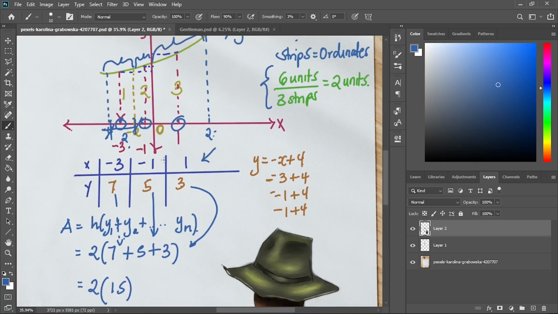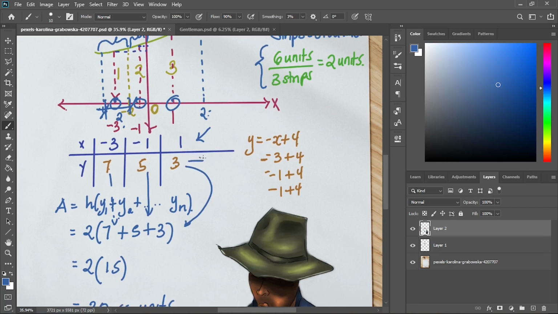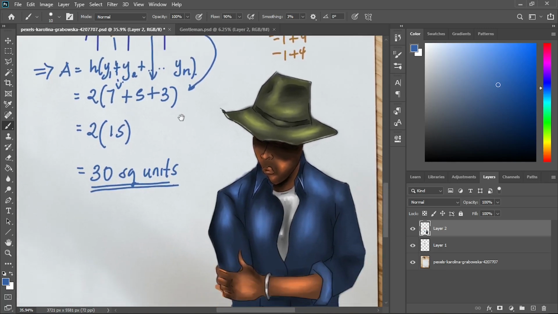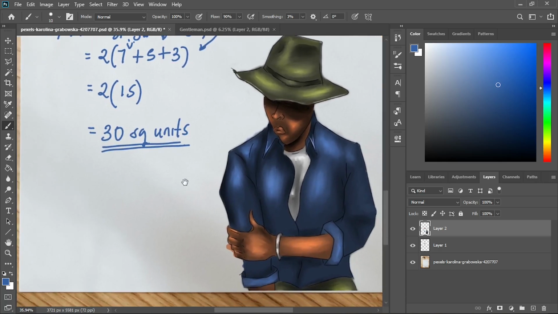Then after having the value of x, I replace them in the equation to get the corresponding values for y. These corresponding values for y will be the ordinates. And these are the ones we are going to use in the formula for the mid-ordinate rule, which is h into the addition of all values for y of the ordinates. When you replace, we get our answer as 30 square units.